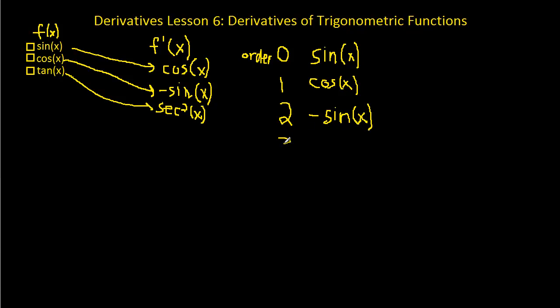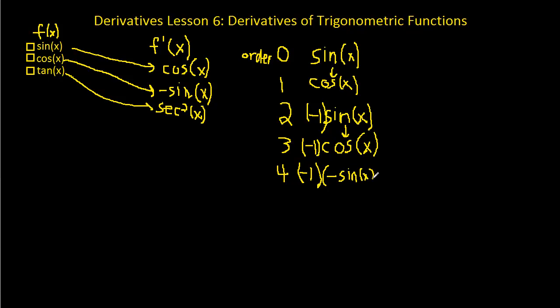Third order derivative is going to be negative cosine of x, because if you remember, this is a negative 1 out here, and we leave that out when we're taking the derivative. So we just went directly from sine x to cosine x as we did up here. So our next one, for the fourth order derivative, our negative 1 is going to be brought down again and multiplied by the new negative sine of x that we're making here.